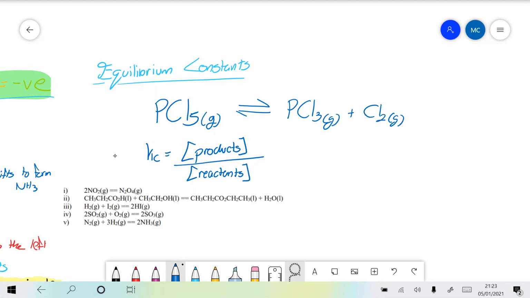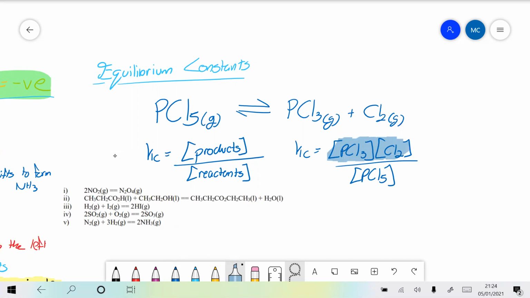And here, the products are concentration of PCl3 times concentration of Cl2 over concentration of PCl5. So please note, the products are multiplied together.